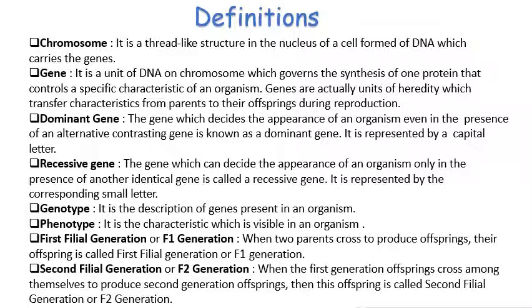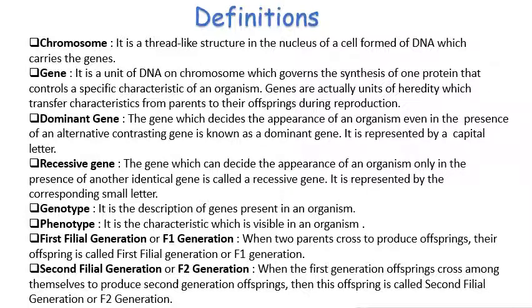Let's get acquainted with some of the terminology. First is chromosome. It is the thread-like structure in the nucleus of a cell, formed of DNA, which carries the genes. Second is gene. It is the unit of DNA on a chromosome which governs the synthesis of one protein that controls a specific characteristic of an organism. Genes are actually units of heredity which transfer characteristics from parents to their offspring during reproduction.